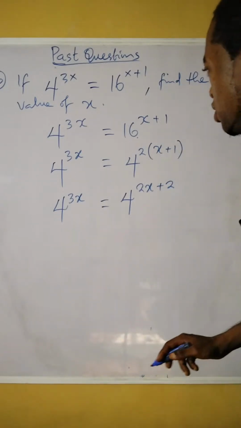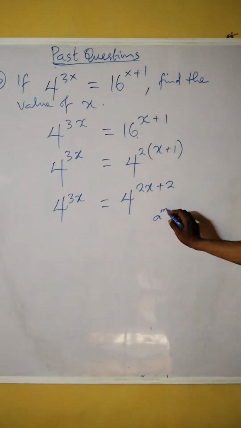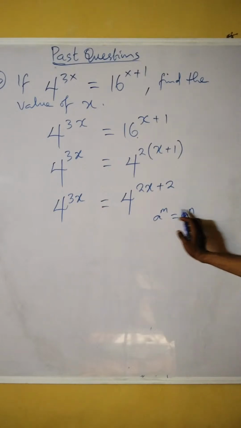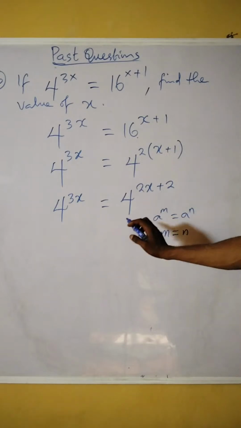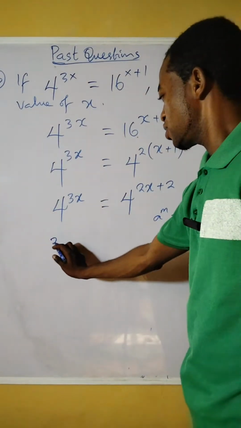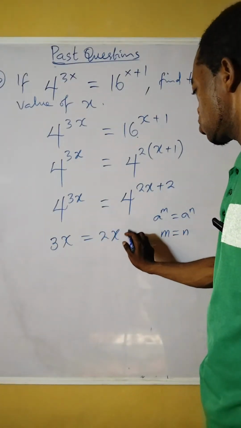And from the law of indices, when we have a raised to power m equals a raised to power n, the bases are the same, so we can equate the powers, and we have m equals n. Here also the bases are the same, so we equate them, and we have 3x equals 2x plus 2.